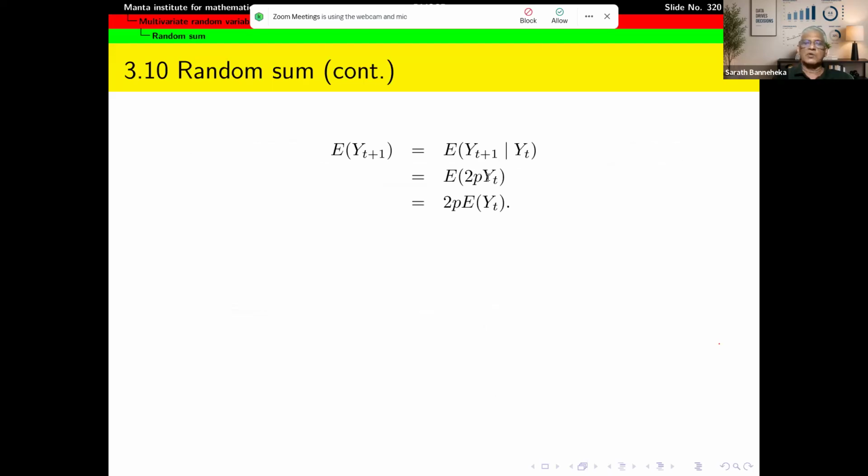Now 2p is constant, but Y_t at this point is random because we are taking this expected value with respect to Y_t. So 2p times the expected value of Y_t.